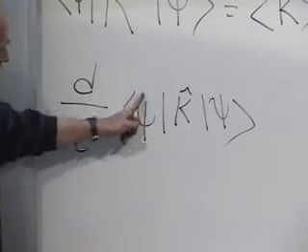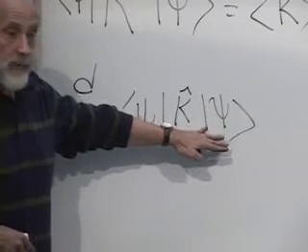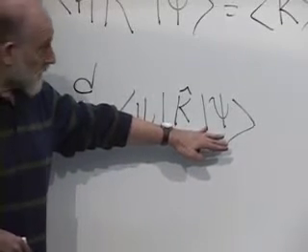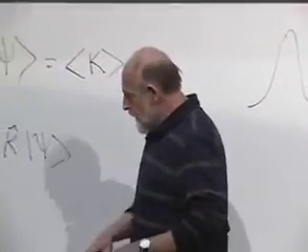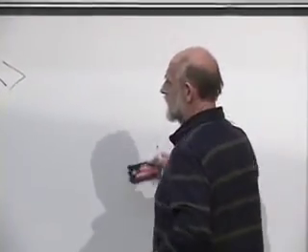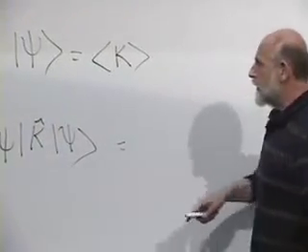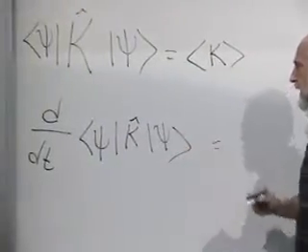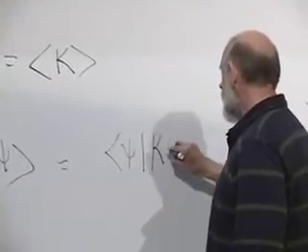To calculate the time derivative of a product, it's just the sum of two terms. One term having to do with the time derivative of the bra, the other term having to do with the time derivative of the ket. So we can write this out. This is just a straightforward product rule for derivatives. This is equal to, we first time differentiate the ket, and that gives us psi k psi dot.